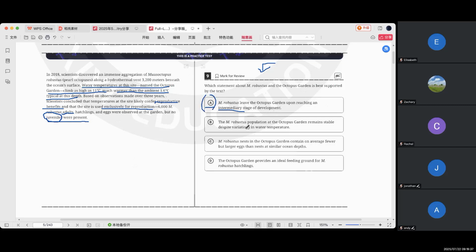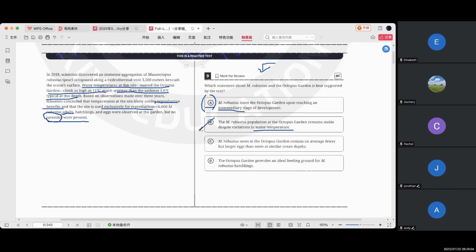Okay, and B says the population remains stable despite variation in water temperature. This is never stated in the passage. Since the passage says they aggregate here because of the high temperature, just imagine if the temperature suddenly cooled down to -5 degrees Celsius, then every octopus is going to leave, right?